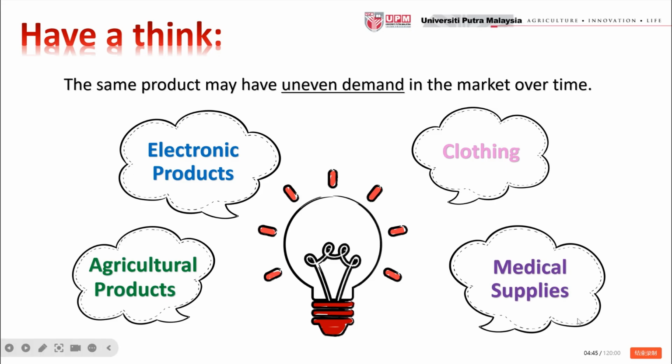And the fourth type is medical supplies. The demand for medical supplies is affected by seasonal changes, disease prevalence, and consumer health conditions, which may cause demand to vary significantly over time.